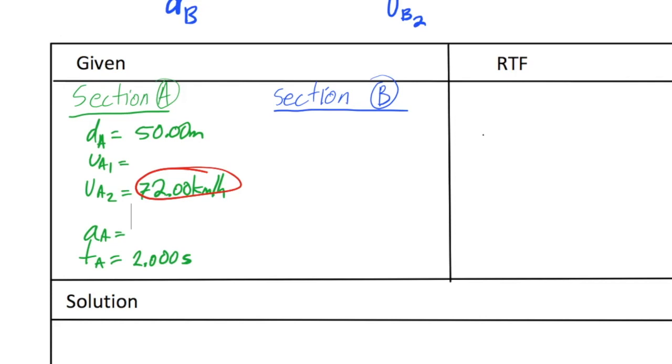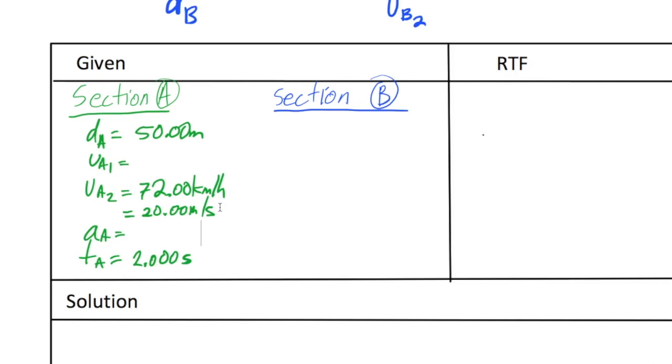We need to convert that into meters per second, and we know because the distance is in meters and the time is in seconds. If you recall, the quick way to convert from kilometers per hour to meters per second is to divide by 3.6. You can do this conversion right in the given section. So that works out to 20 meters per second.